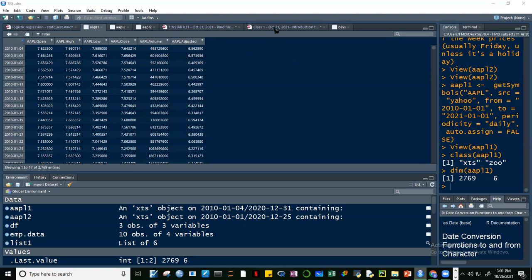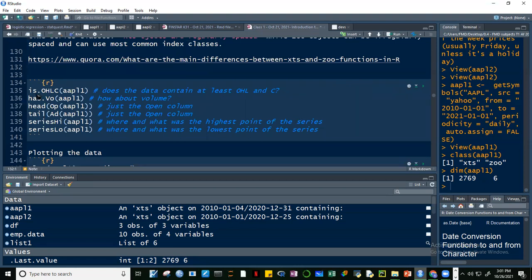Okay, so going back here, guys, this asks the question: is the Apple One XTS object OHLC? It means, does it have the opening, the highest, the lowest, and the closing prices?